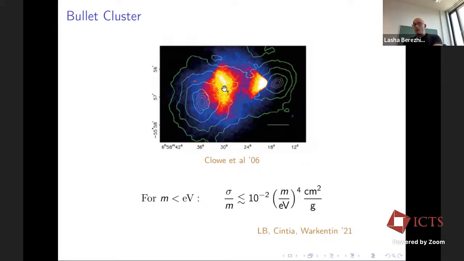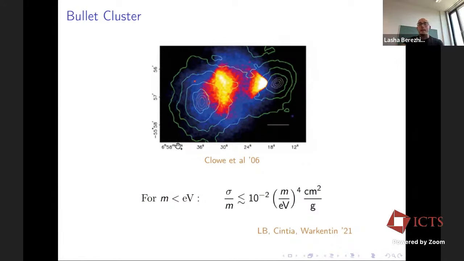And as one can see, for baryons you see exactly what you would expect: the development of a shockwave front, etc. However, what is puzzling is that these mass peaks seem to be offset relative to the light, and this is puzzling because for an undisturbed cluster you would expect these two centers to coincide. So it is believed that this is an indication that dark matter interacts. These dark matter particles from the two clusters interacted with each other much more quickly than the baryons did.